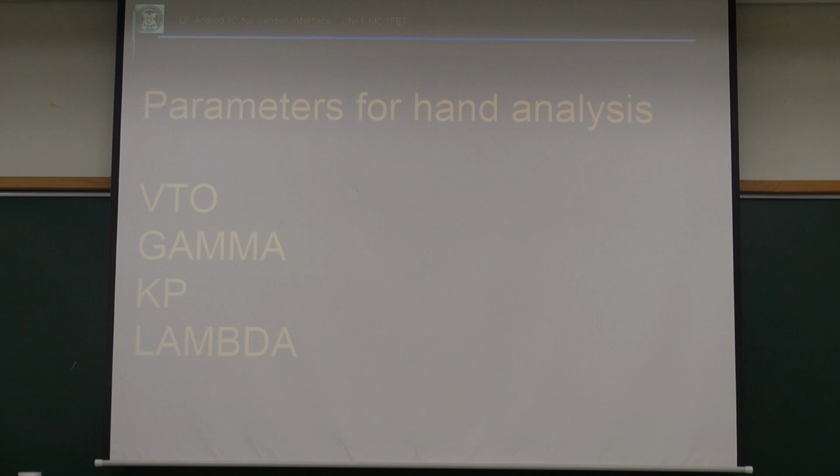This homework comes too early. Okay. So let's talk about the parameters required for hand analysis. We need 4 parameters for hand analysis. This VTO is threshold voltage, at VBS equals 0. Gamma equals the body effect coefficient.